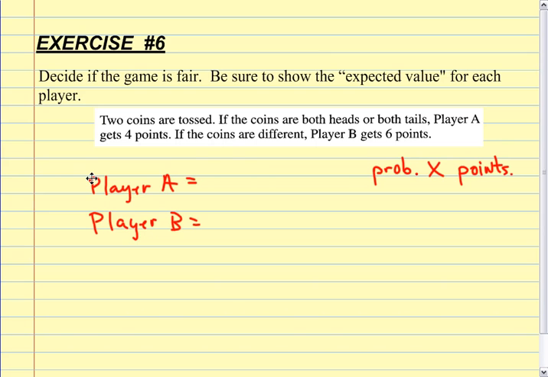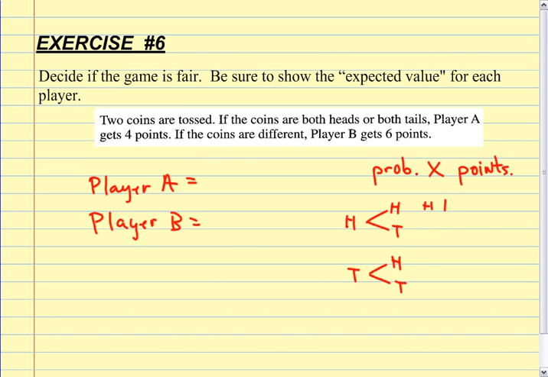Okay. What is the probability for player A? Well, player A gets points if they're both heads or both tails. Now I'm flipping 2 coins. The first one can be heads or tails. How many different possible outcomes are there, Sarah Kay? 4. There are 4.